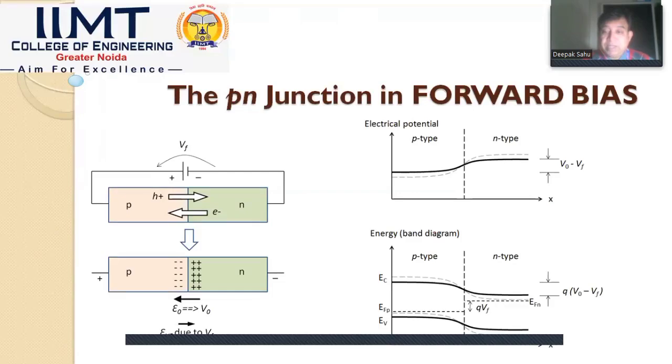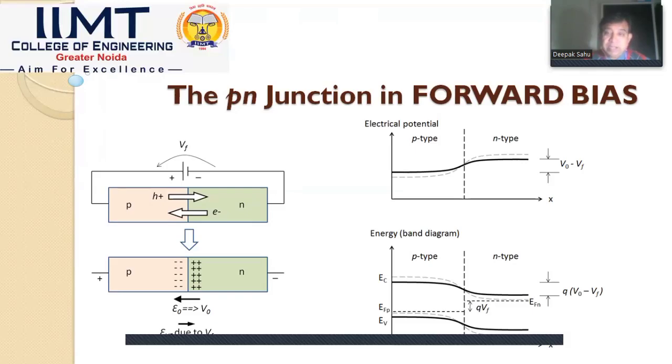So if we look at the right hand side, what this forward biasing has done is shown by VF. Forward biasing is shown by VF, and V naught is the voltage in the no bias condition. So earlier it was only V naught, but as soon as VF is applied and keeps on increasing, the resultant value becomes V naught minus VF.